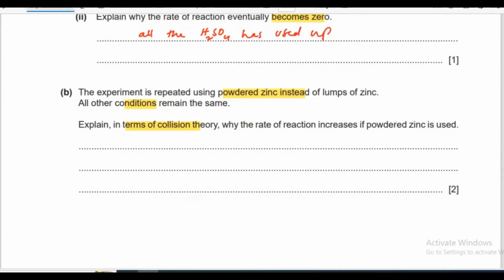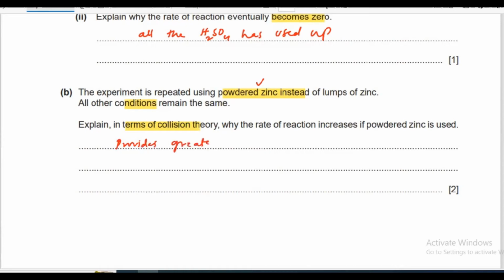The experiment is repeated using powdered zinc instead of lumps of zinc, meaning the large pieces of zinc. Explain, in terms of collision theory, why the rate of the reaction increases if powdered zinc is used. If you use powdered zinc, the powder will provide a greater surface area, and the frequency of collisions will also increase.